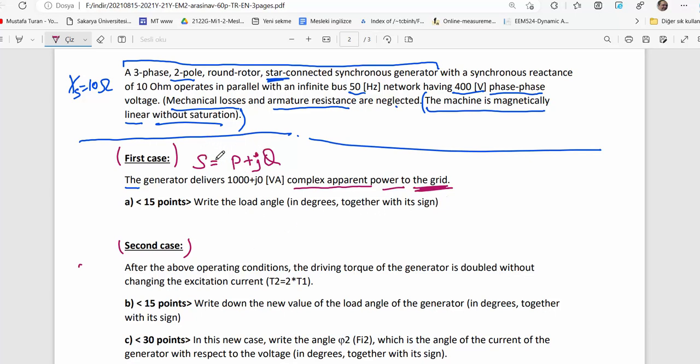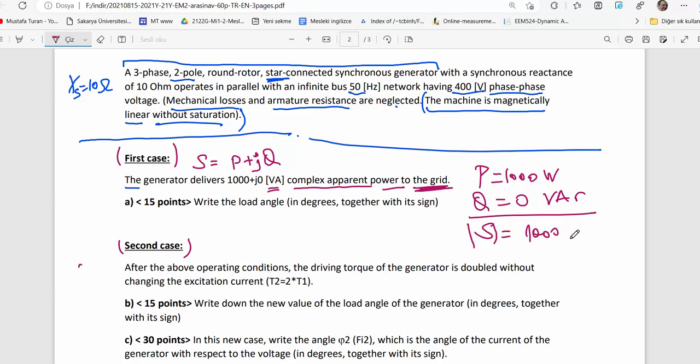Here in this case, power is 1000 watts and reactive power is 0. There is no reactive power in this case. So apparent power in magnitude is 1000 volt-amps. That is the first case.